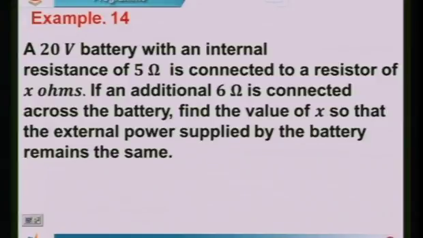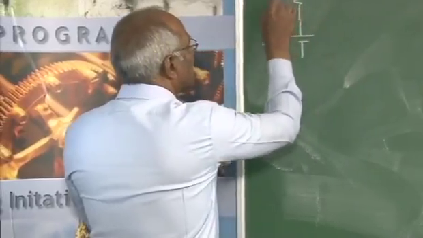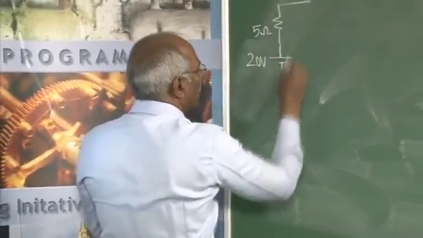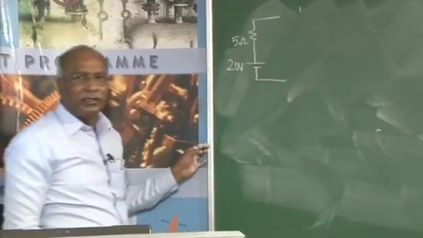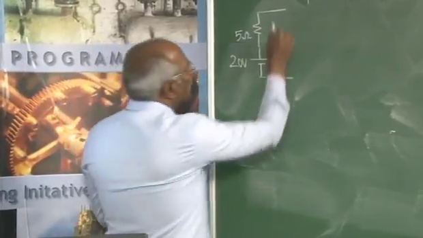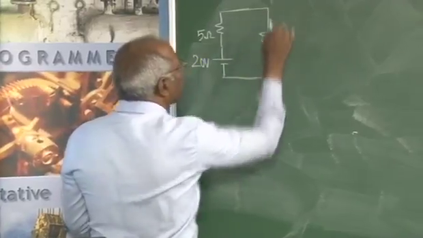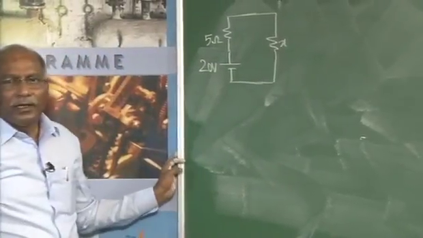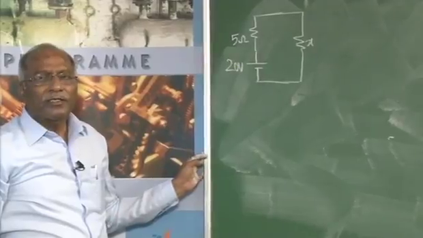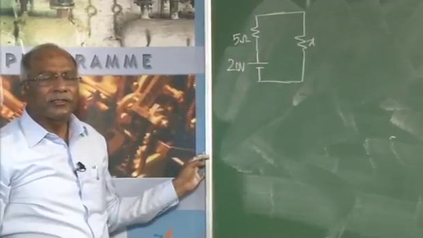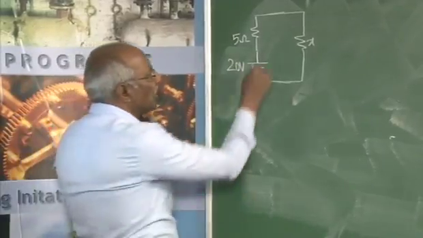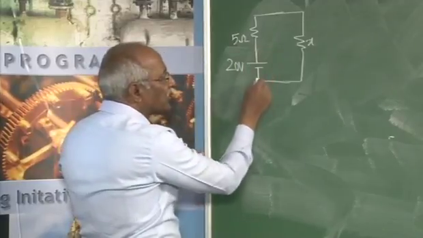A 20 volt battery, that is this one, this is 20 volt, having an internal resistance of, this is 5 ohm, is connected to a resistor of X ohm, this is X. If an additional 6 ohm is connected across the battery, which are the terminals of the battery?